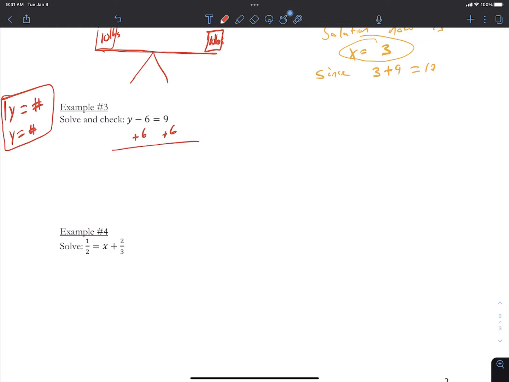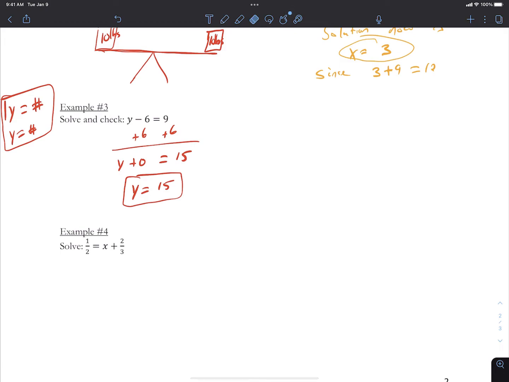So on the left-hand side, I would get y plus 0 equals, and then 9 plus 6 equals 15. Well, the addition property of 0 tells me a number plus 0 is just that number. So this would just end up being y equals 15. This is the solution of the equation.